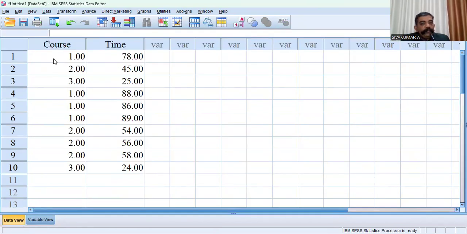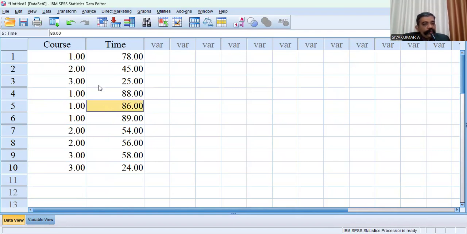Then in the data view, I have only entered 10 values. In our example, 30 values are needed. But for the sake of our learning process, I have only included 10 values, 10 respondents. Then course may be 1, 2, 3, then 1, 1, 2, 3, 1, 1, 1, 2, 2, 2, then 3, no problem, 3.